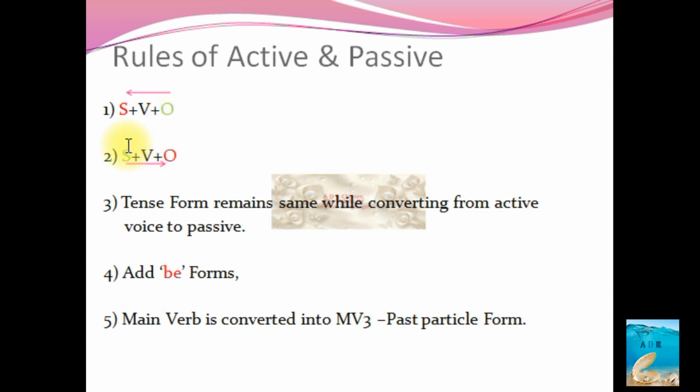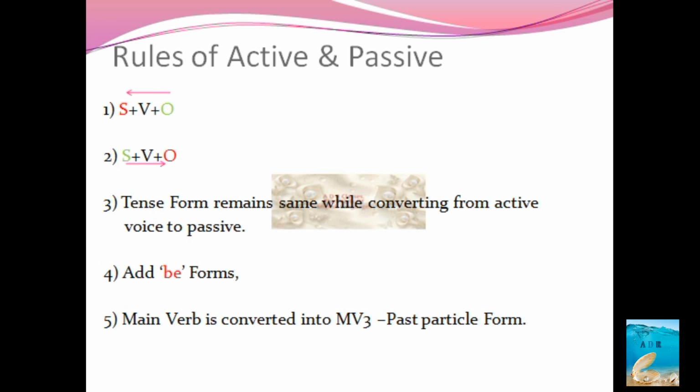The verb remains in the same position, but a very important rule is that the tense form remains the same while converting from active to passive voice. For example, here I had taken the sentence "I write a letter."